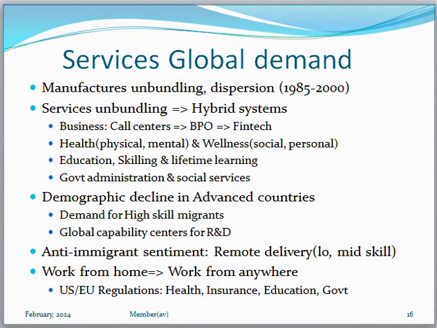Unbundling meant you separated out the processes and distributed them. This is the MNCs, remember MNEs, they're very important. They unbundled the factory and put different parts of it in different countries where it was more efficient to do it. That was unbundling. The same thing is going to happen to services.